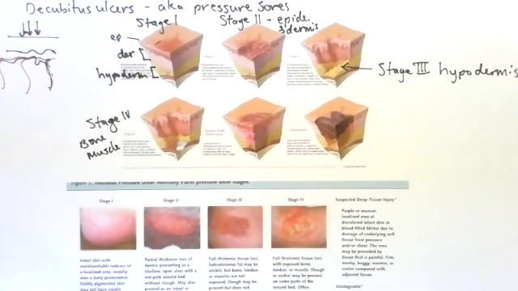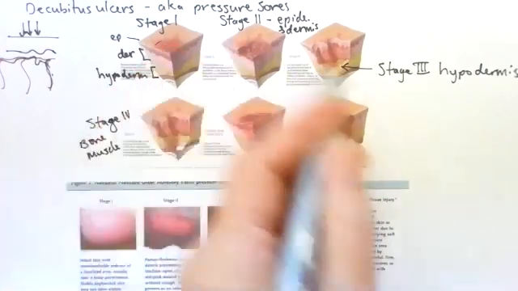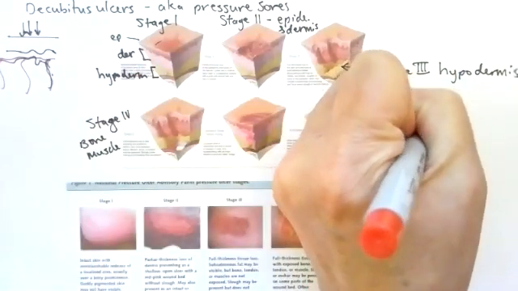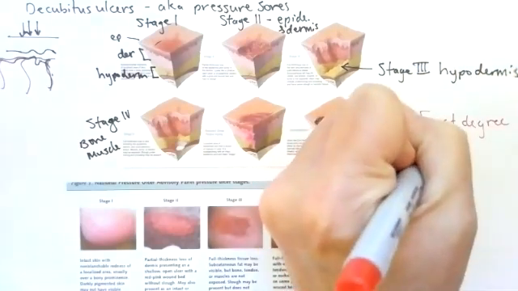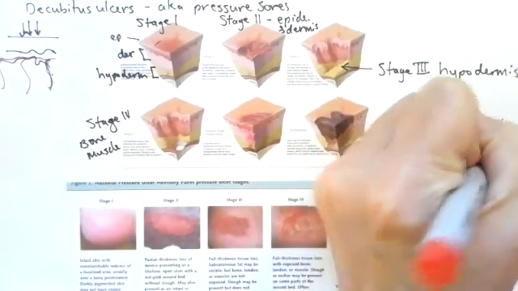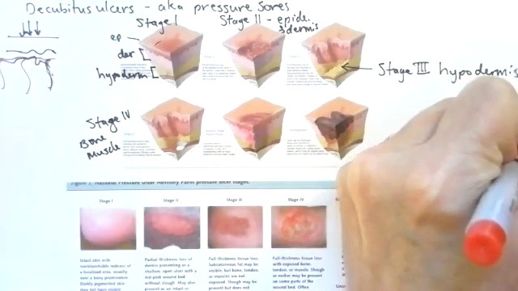But what's interesting is for burns, we stage burns out the same way. So if we burn the integument, we have 1st-degree burns, we have 2nd-degree, and we have 3rd.